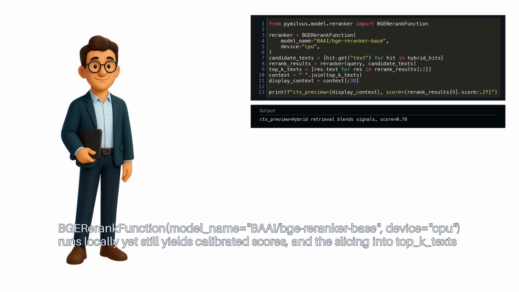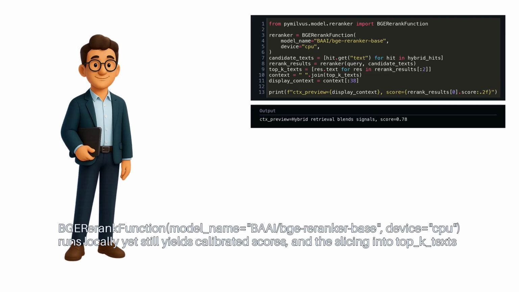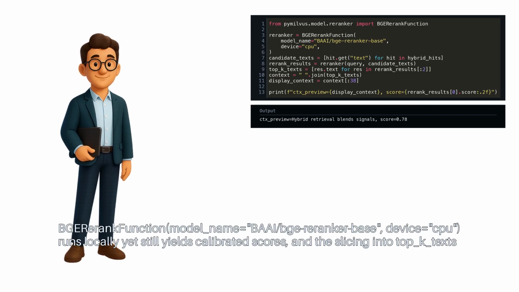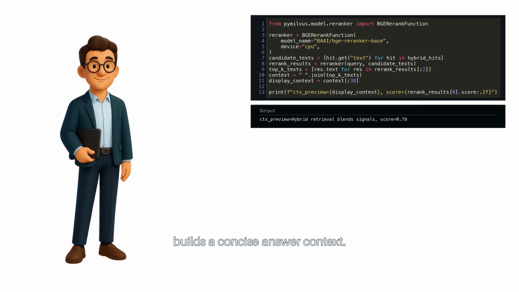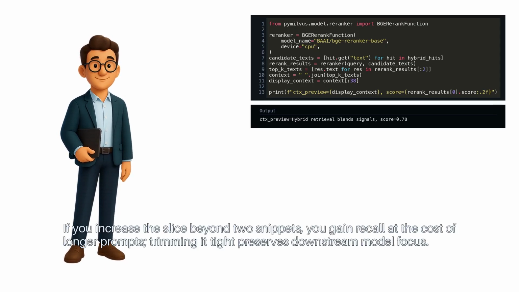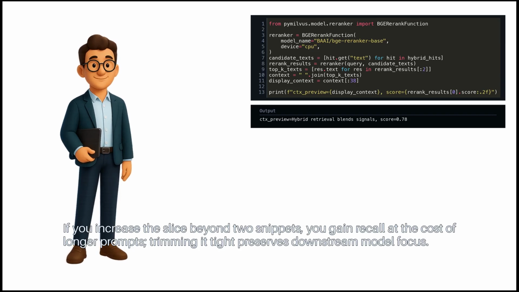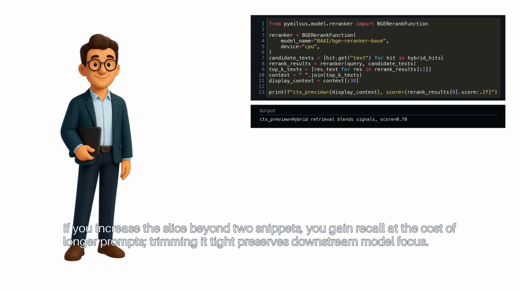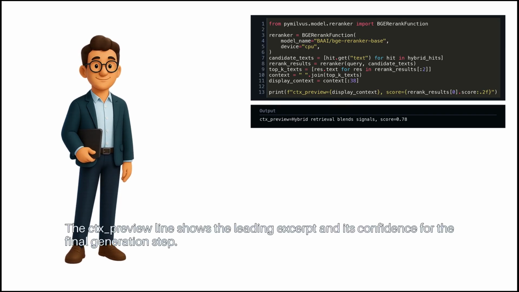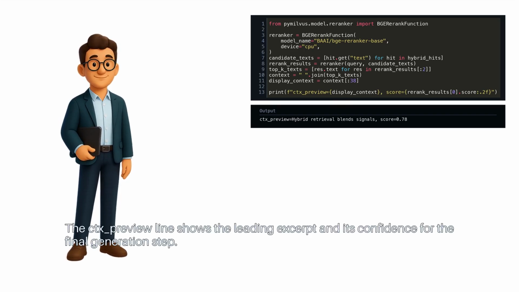BGERerankFunction, with model name BAAI/bge-reranker-base and device CPU, runs locally, yet still yields calibrated scores, and the slicing into top-K texts builds a concise answer context. If you increase the slice beyond 2 snippets, you gain recall at the cost of longer prompts. Trimming it tight preserves downstream model focus. The CTX preview line shows the leading excerpt and its confidence for the final generation step.